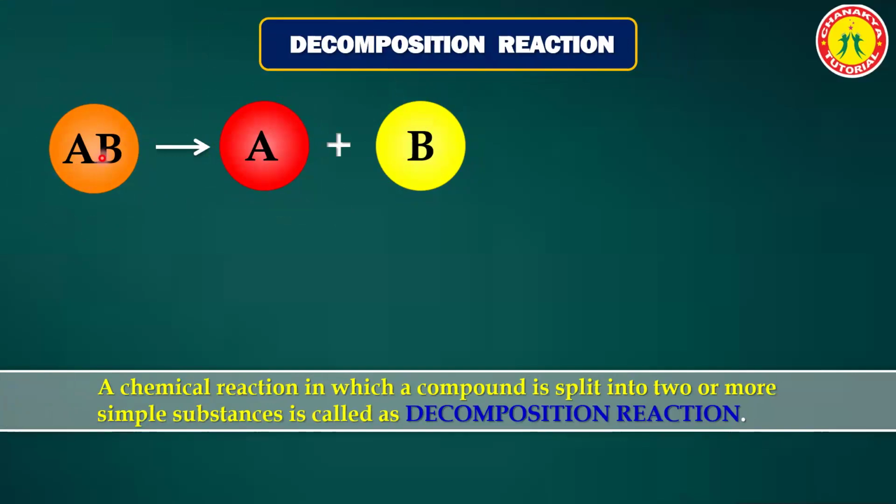So if we compare it with combination reaction, it is opposite to that. In combination reaction, two reactants combined to give a complex product. But in decomposition reaction, what is happening? AB, a compound, is broken into simpler products A and B.